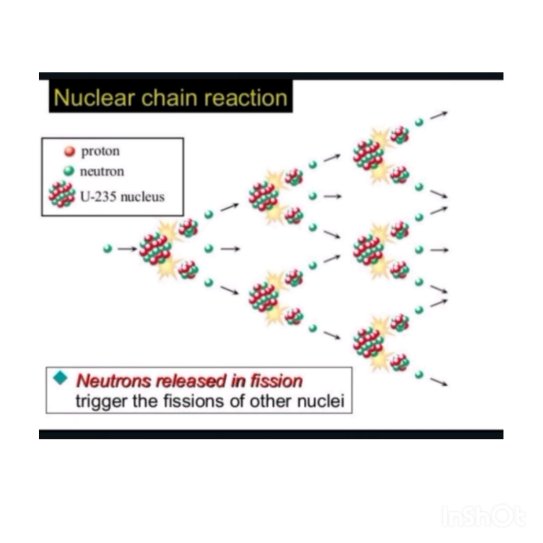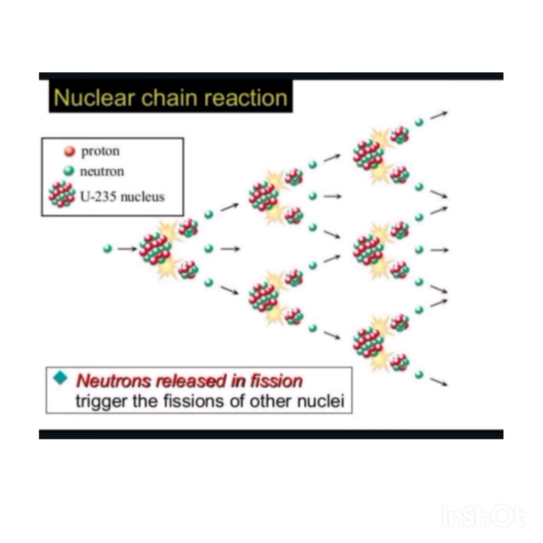Here we see in the diagram that first the atom splits into two smaller parts, and these smaller parts split again, 2 to 3, 3 to 4, and like this an endless number of atoms are created. That is nuclear fission.